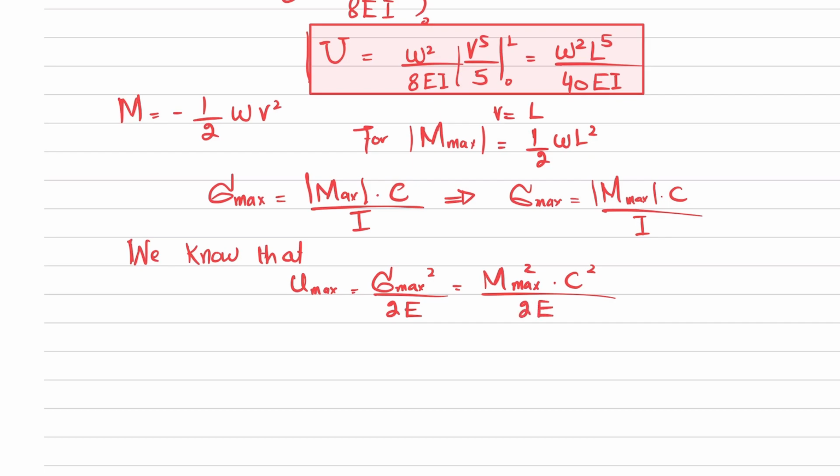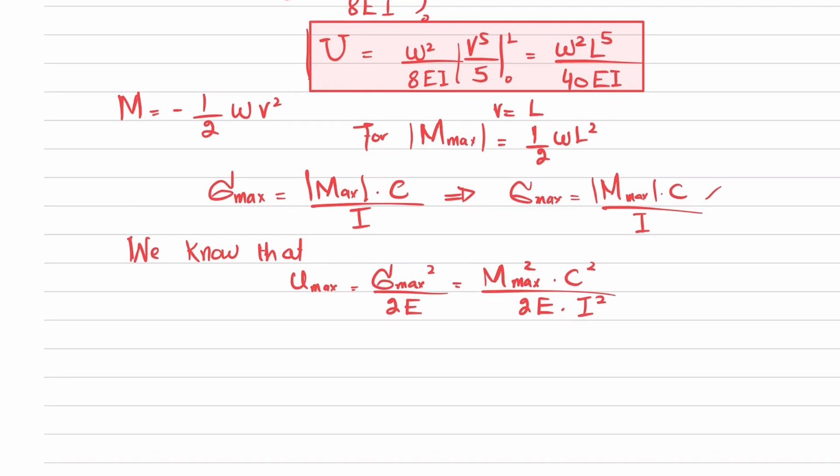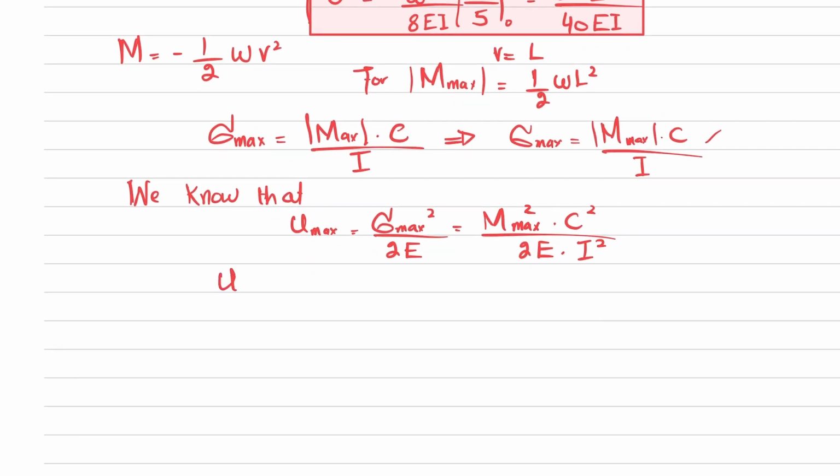Clear? Where maximum bending stress is M square C square, and there will be I square as well, because this is the formula, so this is I square. Okay, so you can put the value of maximum bending moment.